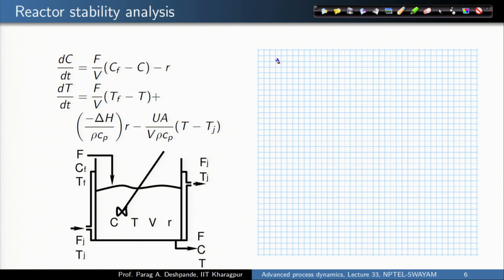So, your dynamical variables in the present case will become C, the concentration of A inside the reactor, and temperature, the temperature of the reaction mixture in the reactor.